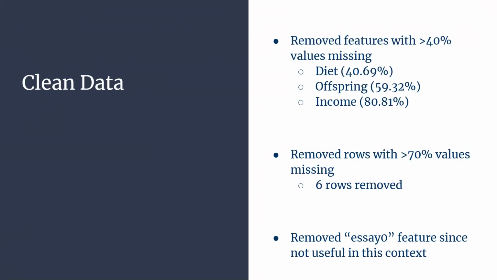We decided to drop that because it wasn't really telling for us. All in all, we removed rows that have more than 70% values missing, and those were 6 rows in total. Now, SAO was also removed because we didn't find it very useful, and it didn't give us a lot of context.